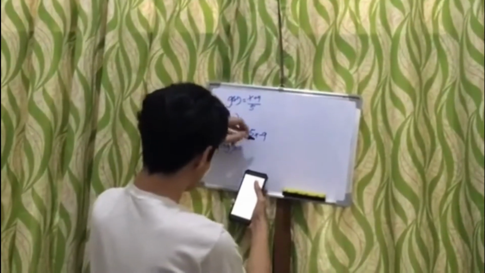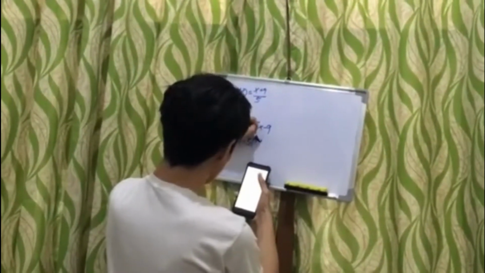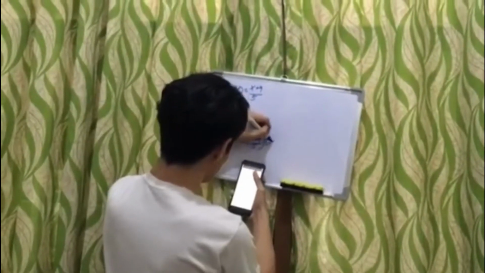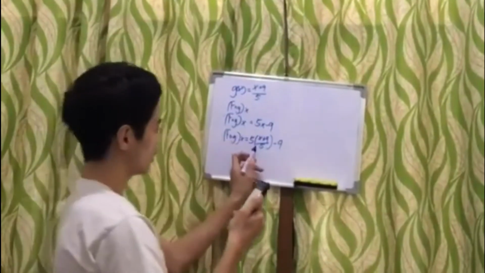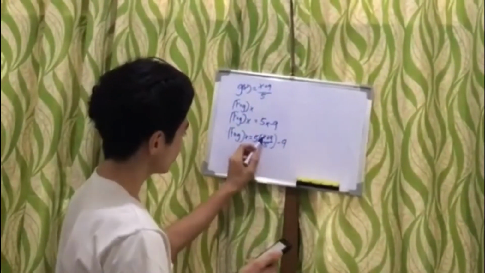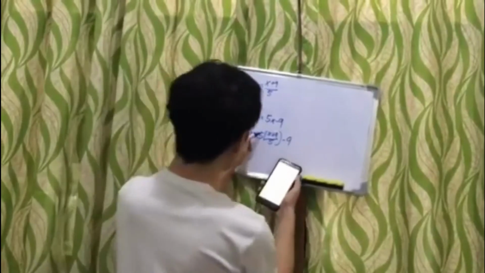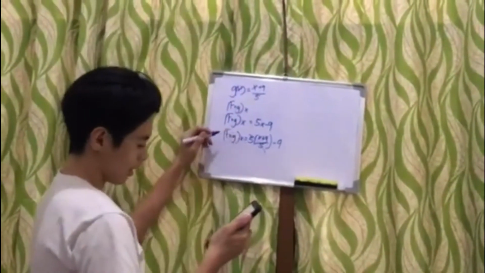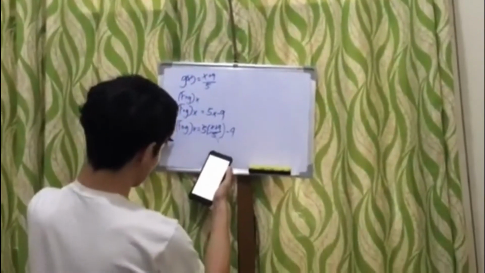Equals 5 times x plus 9 over 5, minus 9. And this is your answer earlier, x plus 9 over 5. Then cross out 5. And we will remove the parentheses.